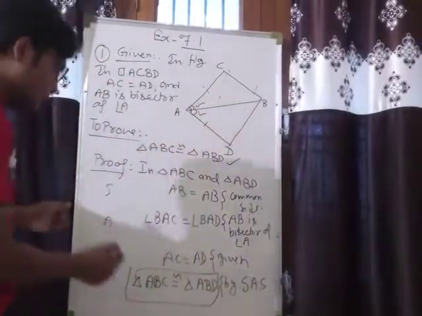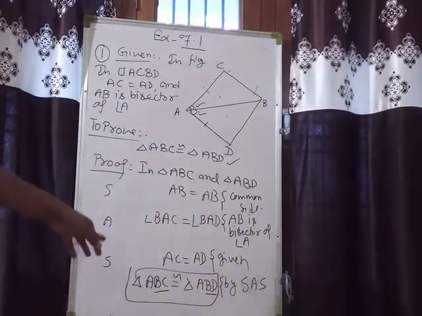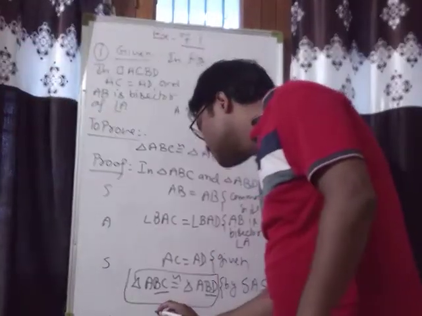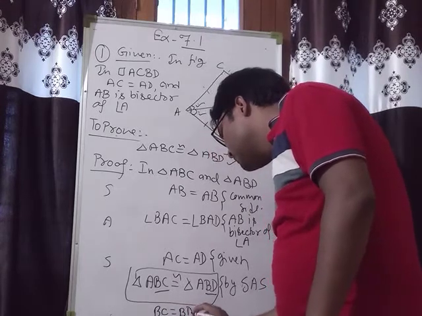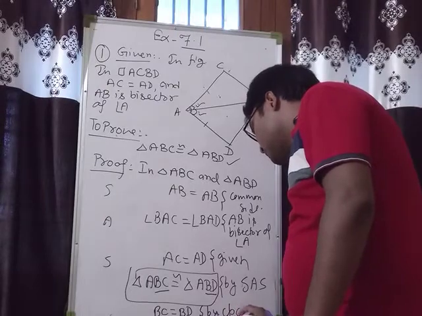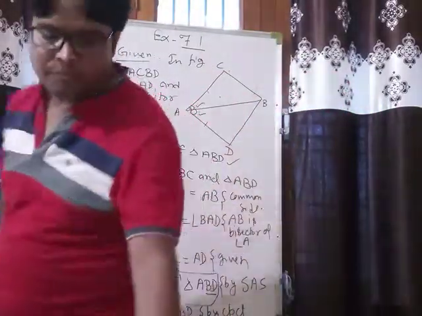See, this is BC and this is BD. They are corresponding sides. Clearly BC will be equal to BD by CPCT. So that is the proof of question number first.